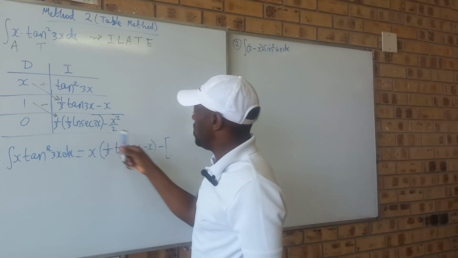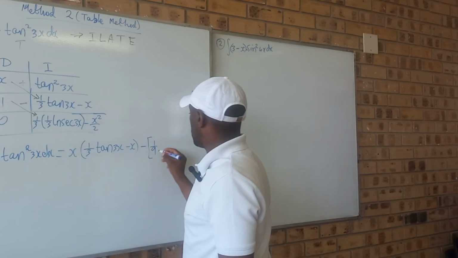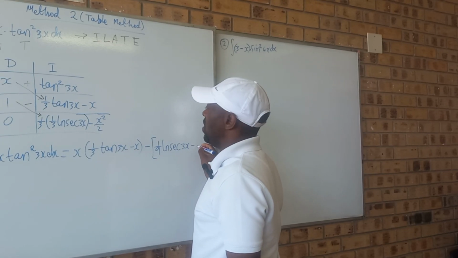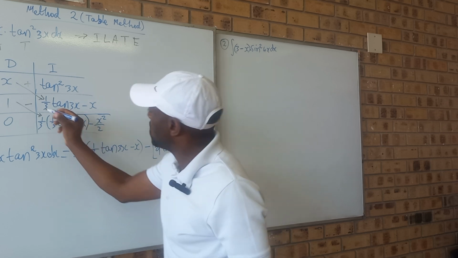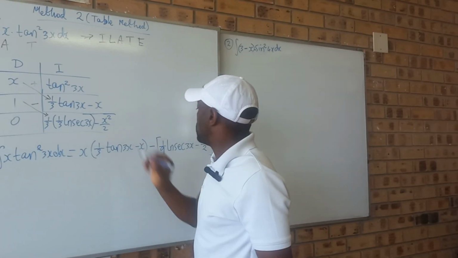So when I look at this, the first term is 1 on 9. You can see 1/3 times 1/3 is 1 on 9, ln sec 3x, then minus x squared on 2. So all that should be covered by the negative sign, because of that negative on the second arrow, it must apply to all the terms here.